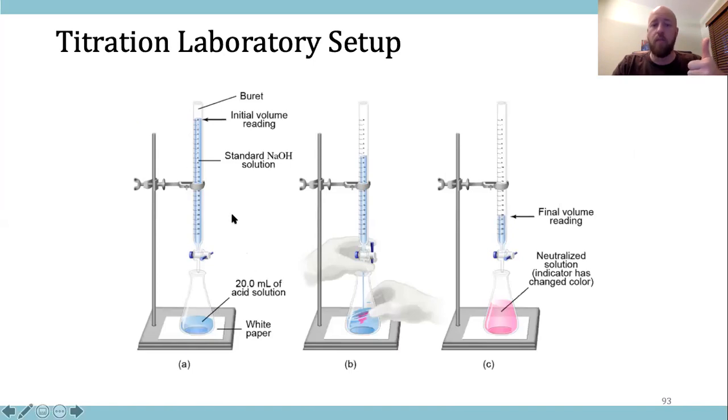We know the volume of the acid, and we generally know the molarity of the base. We get the volume of base from the experiment, and then you have an MAVA equals MBVB equation, which allows you to calculate the molarity of an unknown acid. This is what we would have done in the lab.